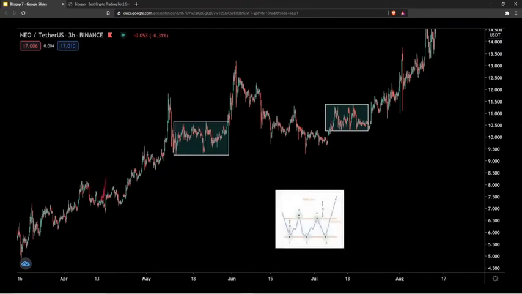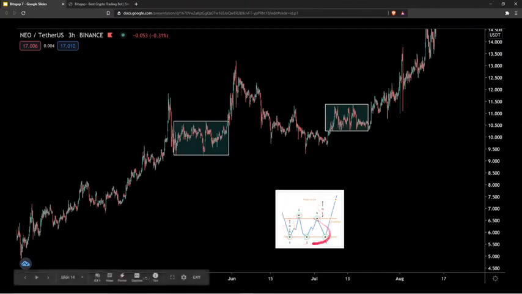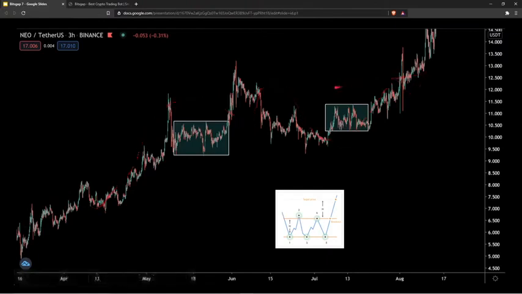So when you spot this pattern, which is a sideways formation on a rising trend, statistically, there are higher chances that you end up with the price breaking the resistance, so you will go higher. You see, sideways, breakout, the price goes higher. Sideways, the breakout over here, and the price goes higher.